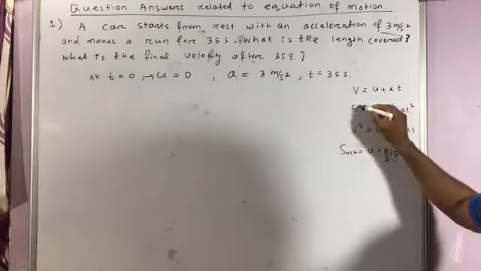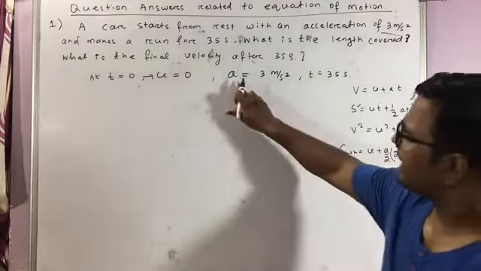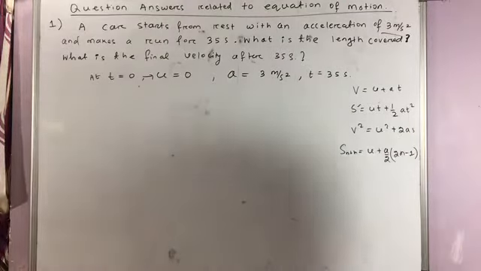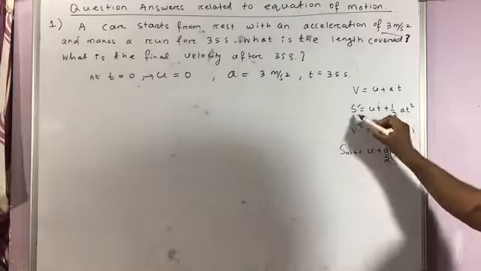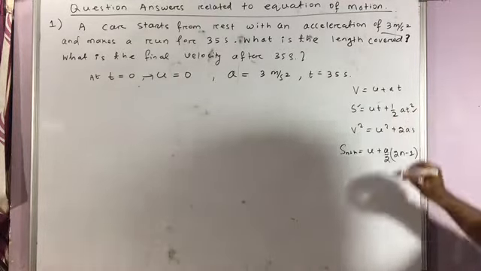Length covered means distance. So our equation must contain acceleration, t, initial speed and distance. So the second equation, s is equal to ut plus half at square, is the one to choose.